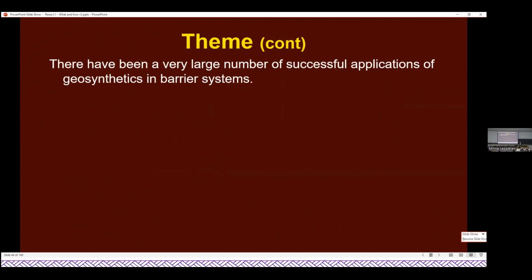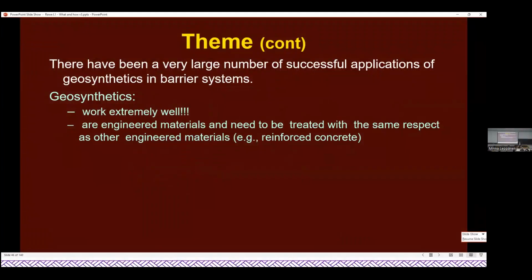There have been a lot of successful applications of geosynthetics. You tend to hear about, again, what doesn't work. They do work extremely well, but they are engineered materials and they need to be treated with the same respect as other engineered materials.